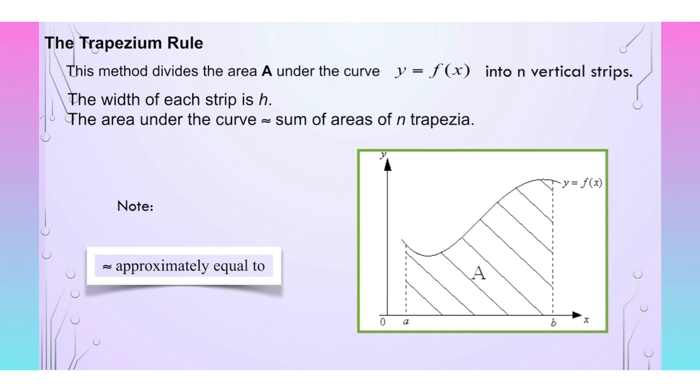So what we have now is the area under a curve, that is y equals f(x). This area is denoted by A. It is from a until b. This area under the curve, we want to divide into n trapezia, or n trapezium, and each trapezium has the same width, that is h.